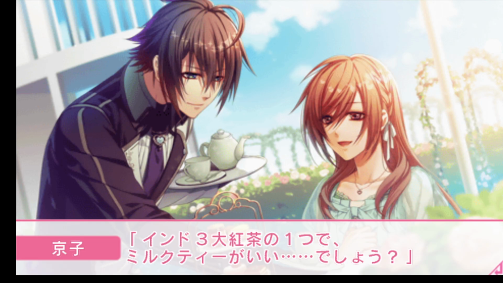Can you translate the whole thing fully, nicely? Indo sandai kocha no hitotsu de milk tea ga ii desho? Literally, milk tea as well as one of the three great teas of India is good. They don't need to use and, they can just use de.